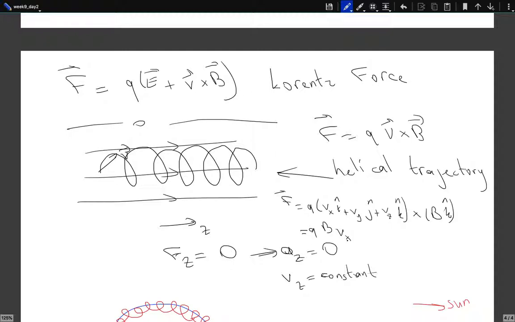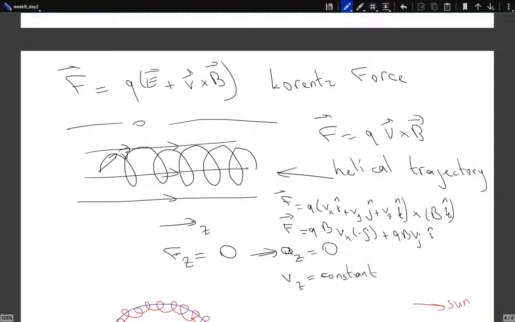What is i cross k hat? Minus j. And j cross k hat is i. And then you have k cross k, it is 0.